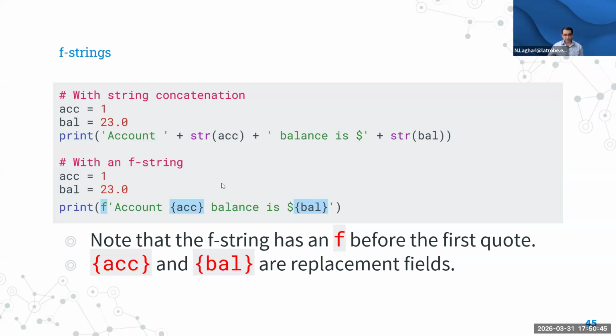All right. So if we have account 1 and the balance is 23.0, they will be replaced with: account 1 balance is 23.0, so it'll be printing. So it is just equivalent to what we have seen here.